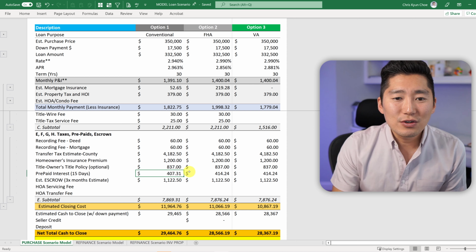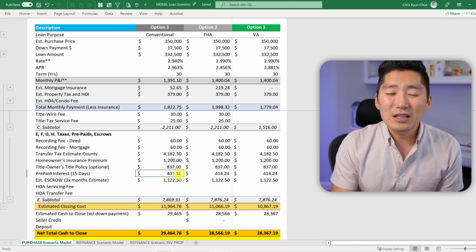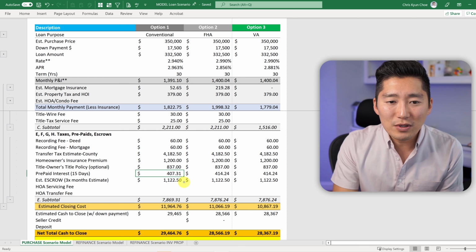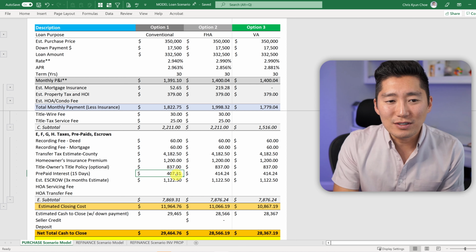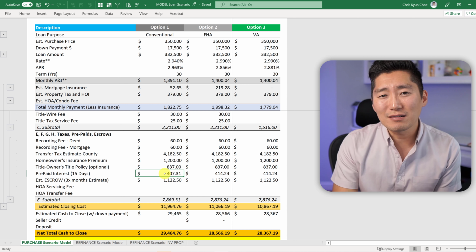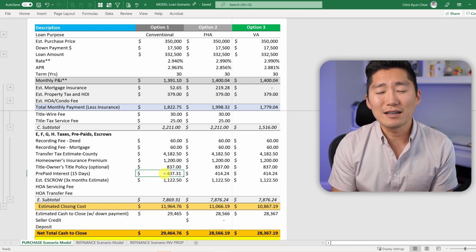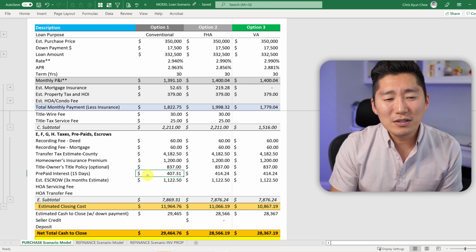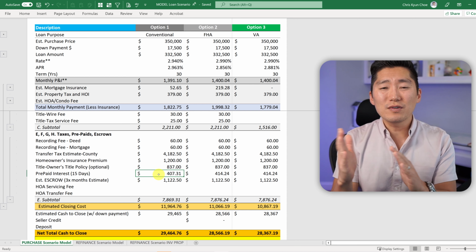Prepaid interest. Another area where I see a lot of loan officers manipulate is this prepaid interest. They sometimes show 1 day of prepaid interest, which means you're closing on the last day of the month. So I typically put 15 days, because it's going to move up or down from here.